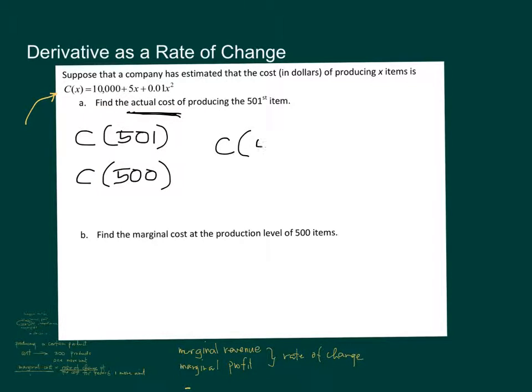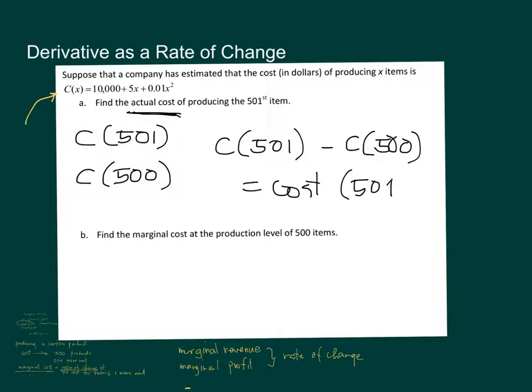If we subtract the cost of producing 500 items from the cost of producing 501 items, that will give us the cost of producing the 501st item.